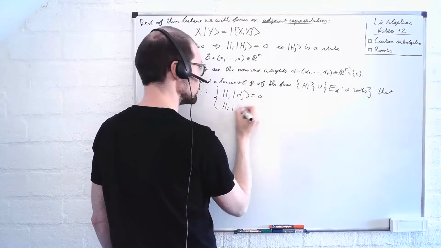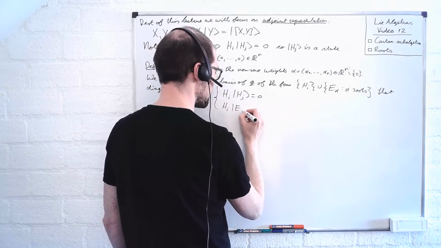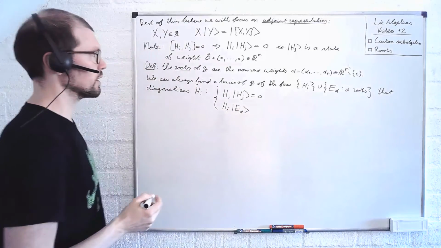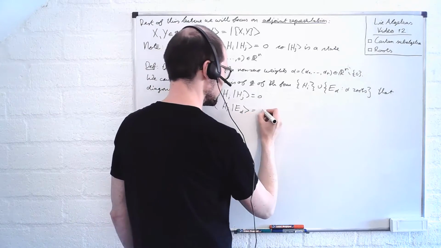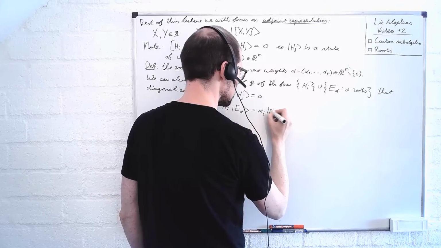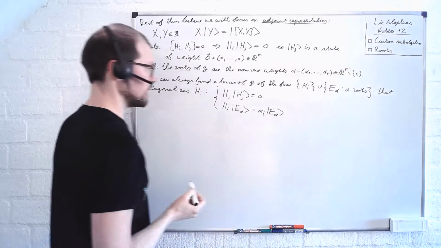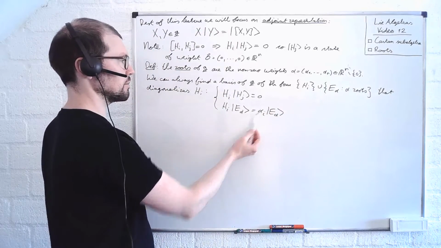And if we act on one of these root vectors, then by definition they're going to have the eigenvalue alpha i.